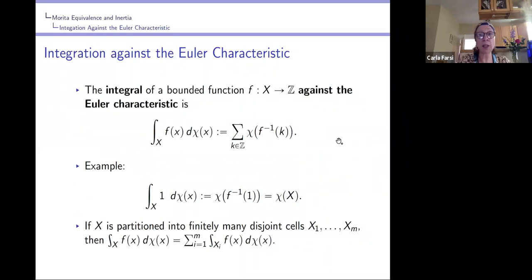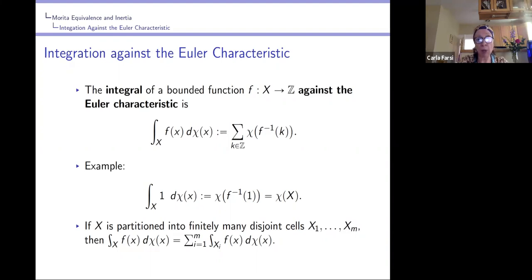So how do you integrate? Well, you integrate functions from X to Z that are bounded. So you only integrate functions that have finitely many values because of this finite additivity. And you integrate like you expect: the sum of the standard Euler characteristics, or in whichever category you are, of the pre-image of a point in Z. So for example, if you are integrating 1 against chi, by the above definition, that is chi of the pre-image of 1.